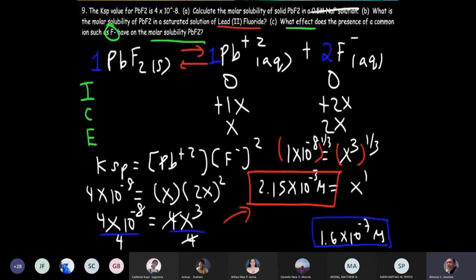But in the presence of a common ion, when we had the sodium fluoride solution, the molar solubility of PbF2 decreased greatly to 10 to the negative 7. So the presence of a common ion reduced the molar solubility of lead fluoride. And so anytime you have a common ion in a solution, the molar solubility of that substance will decrease.